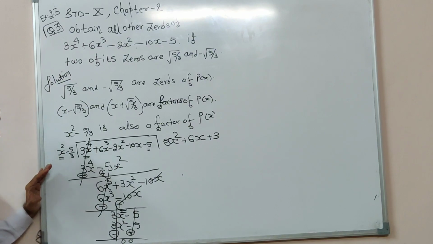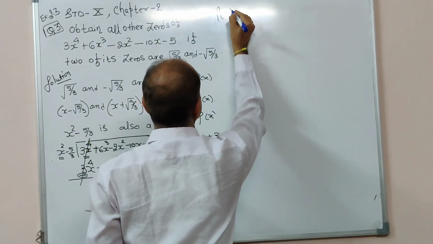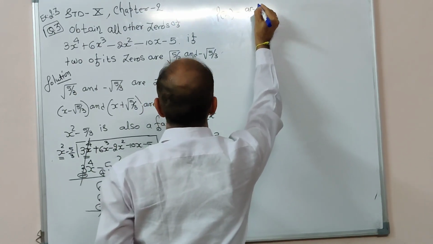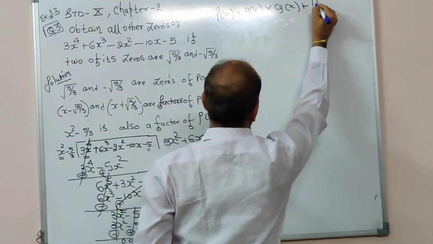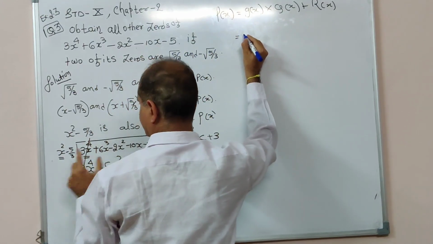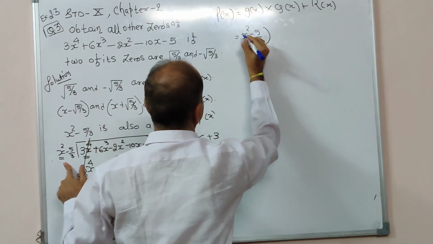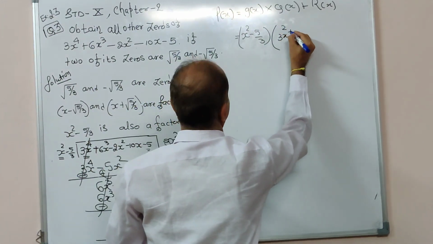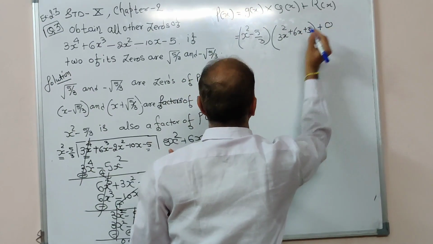Now use the division algorithm. So p(x) is equal to g(x) into q(x) plus remainder. So g(x) is your x square minus 5 by 3, q(x) is your 3x square plus 6x plus 3, and your remainder is 0.